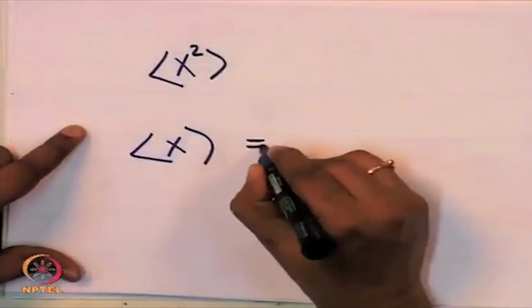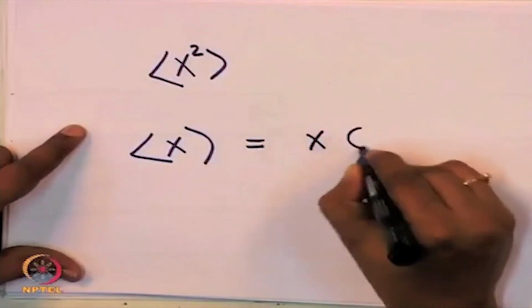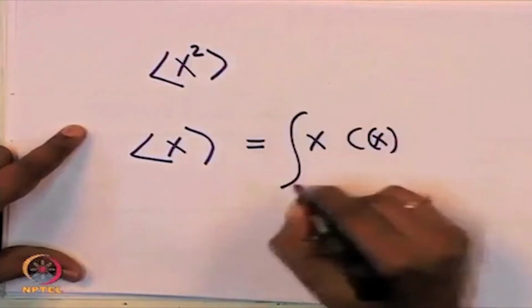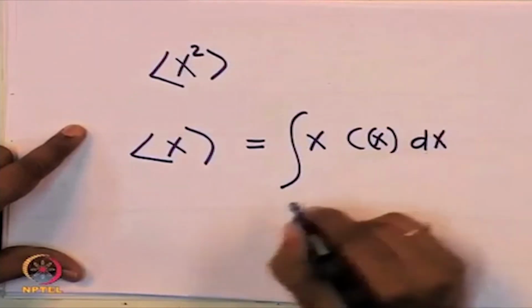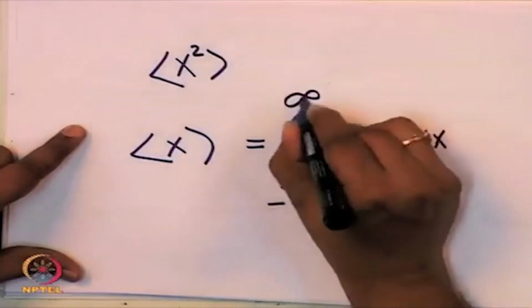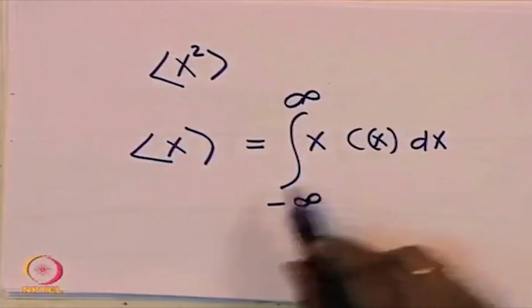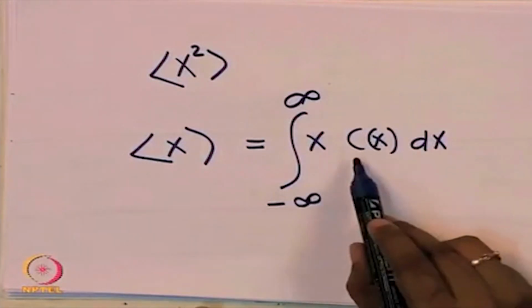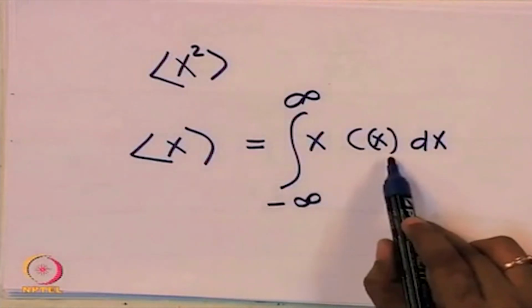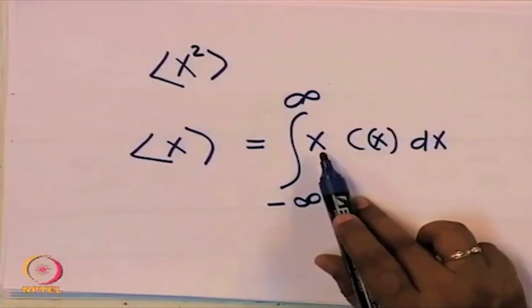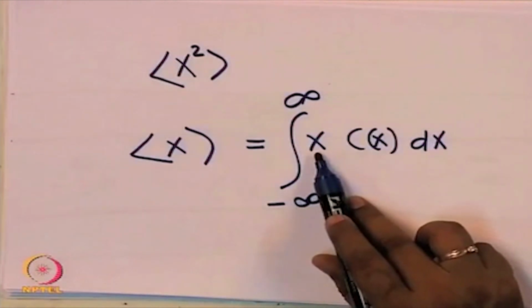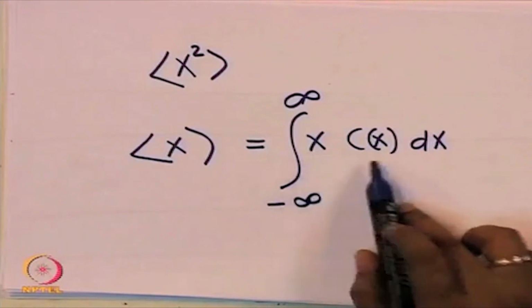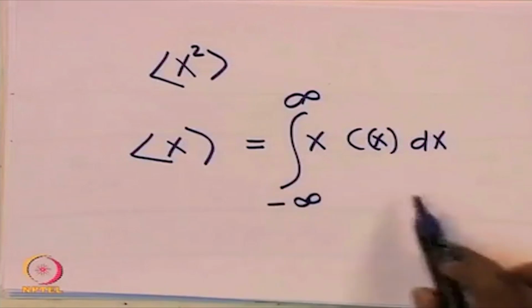So, x average has to be integral of x C of x dx from minus infinity to infinity. At every point C of x is a concentration, and x is the spatial variable; x average is given by this particular integral.